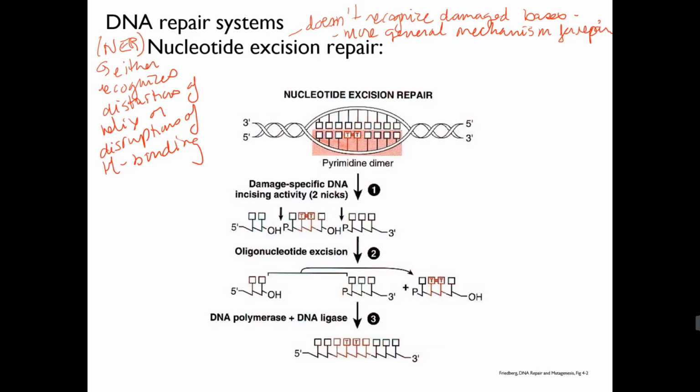As I noted, for example in the case of UV damage, there's a great disruption of the helical structure of DNA and disruption of the hydrogen bonding because of the new spatial constraints imposed, for example, by a CPD or a 6,4 photoproduct. So nucleotide excision repair would not be recognizing a CPD directly, it would be recognizing the effects of the CPD on the structure and stability of the DNA helix.